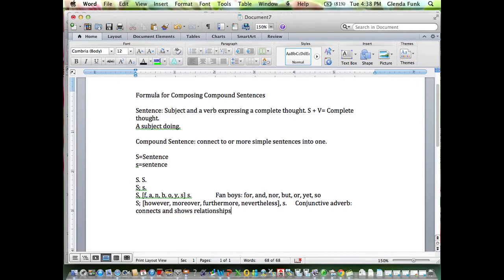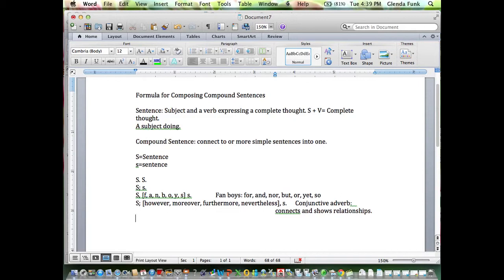So a conjunctive adverb can show comparing and contrasting. It can show other relationships as well. It can show cause-effect relationships. It can show sequencing. So I tell students to ask what relationship they want to show in the sentences they are creating, and the conjunctive adverbs can help them connect their ideas.